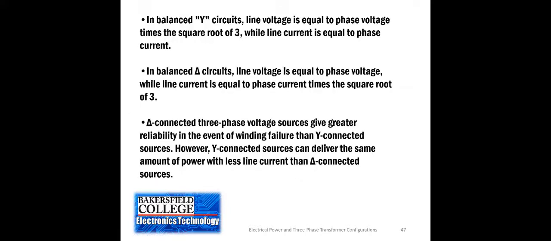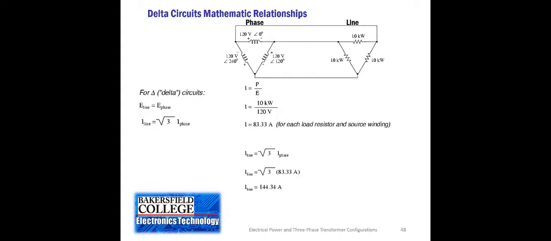Okay, so in a balanced circuit, you know that these are the mathematical relationships. In an unbalanced circuit, you're going to have some other factors that factor into the calculation. So again, delta: this is your mathematical relationship with an example for both the line and phase voltage and the line and phase current.